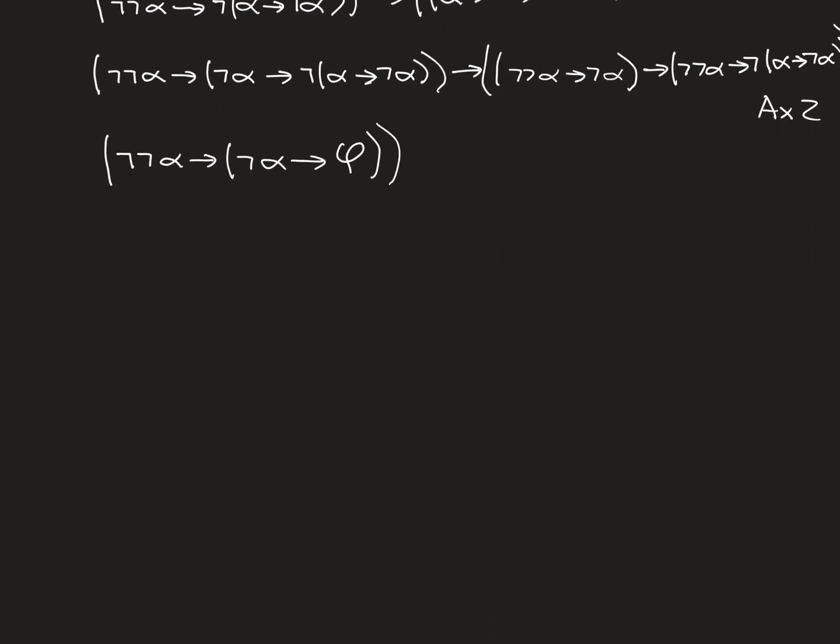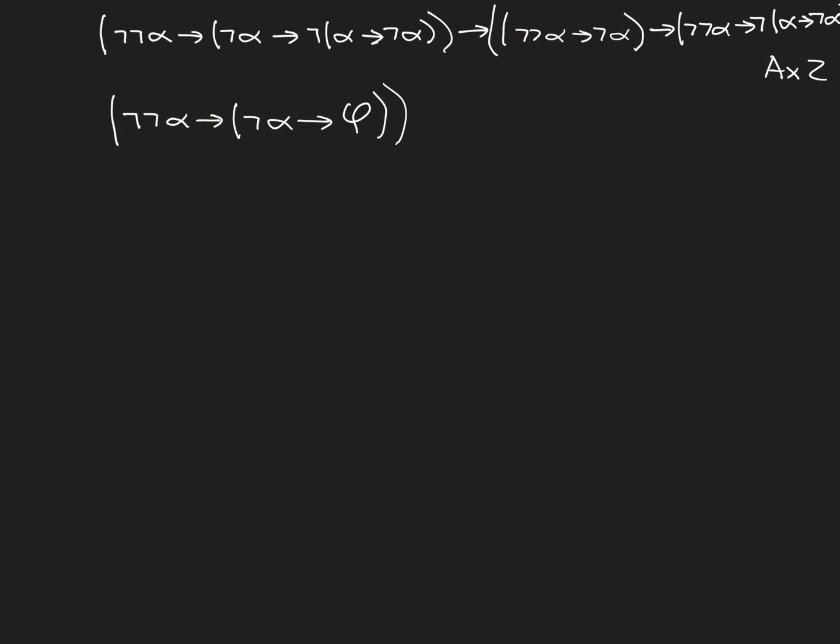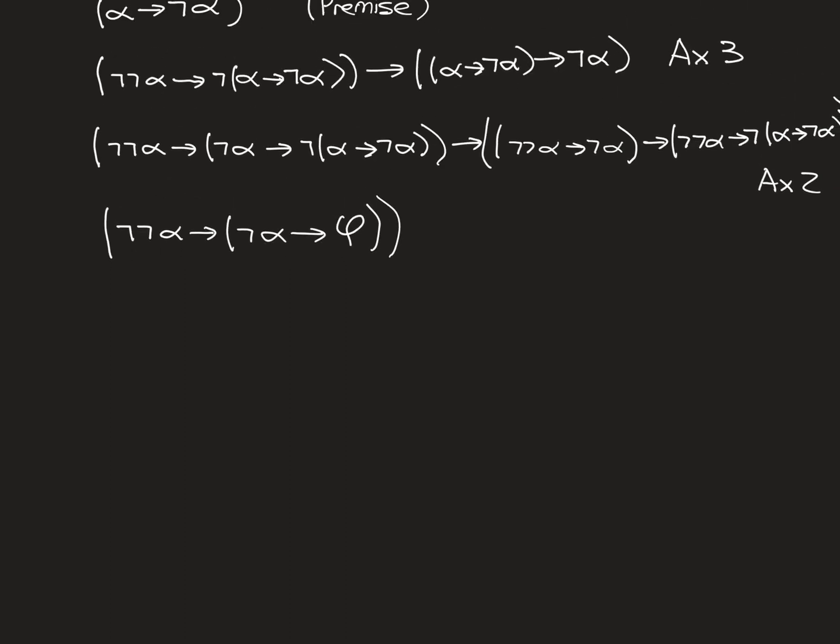So how are we going to prove that? Let me remember how we prove this. You can put whatever you like there, and we will obviously stick in the thing that we want, which is not alpha implies not alpha. So we're going to start with Axiom 1, I think, and then we're going to invert it with Axiom 3.